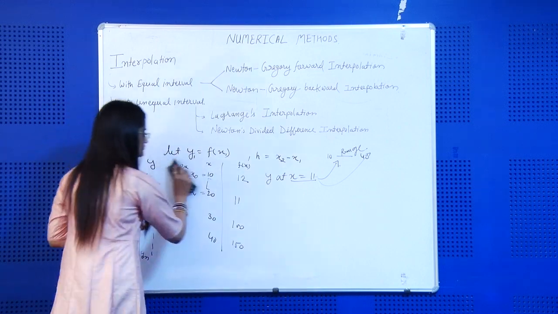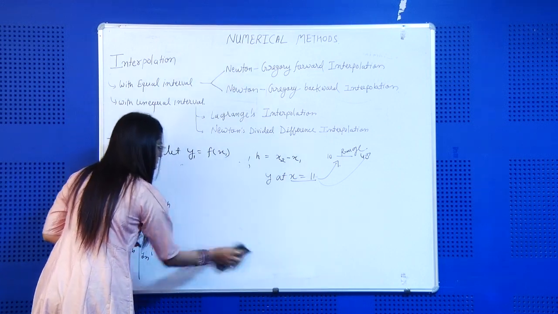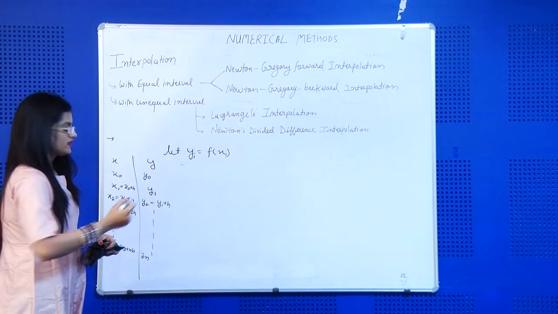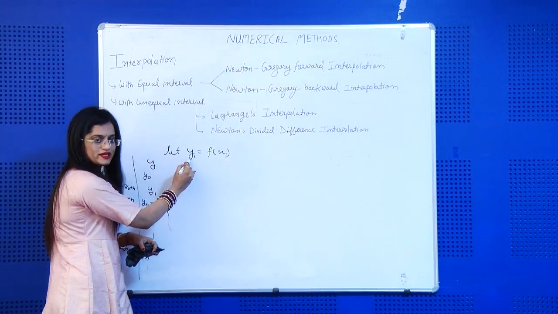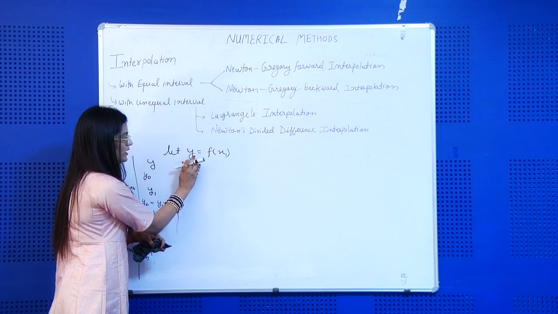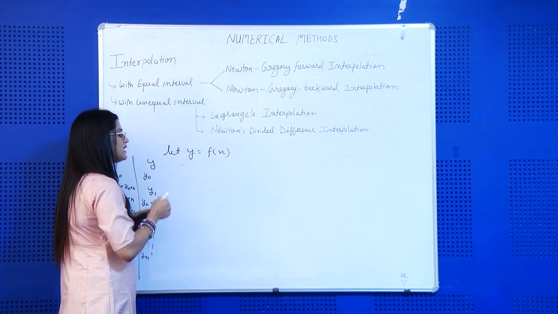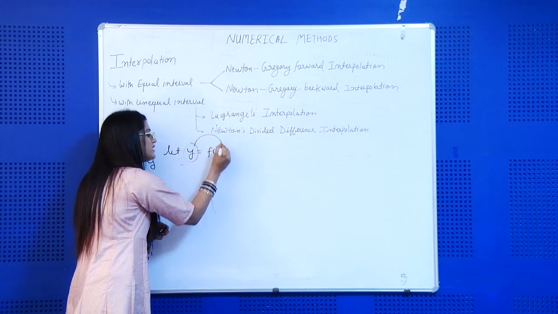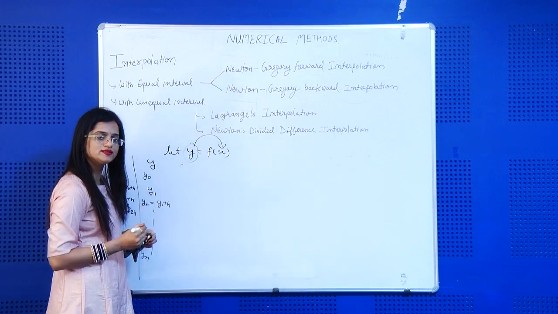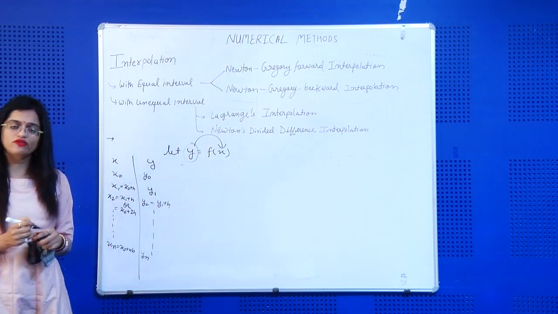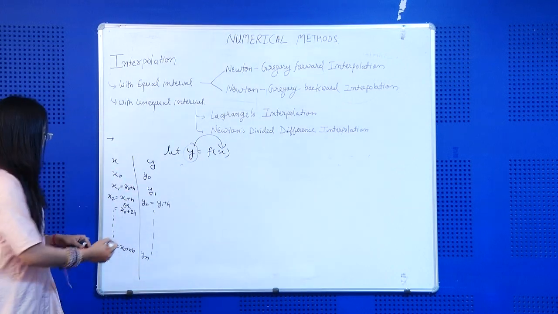How? See, we assumed that our function is y equals f of x, right? That means the calculation of y directly depends on the value of x. And x is what? It's a variable value, right?